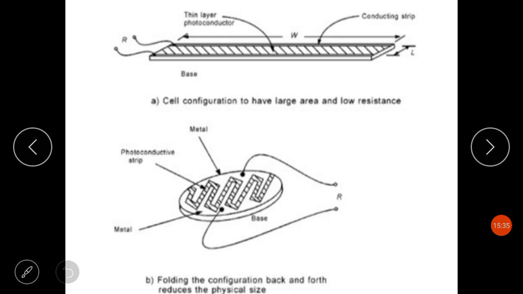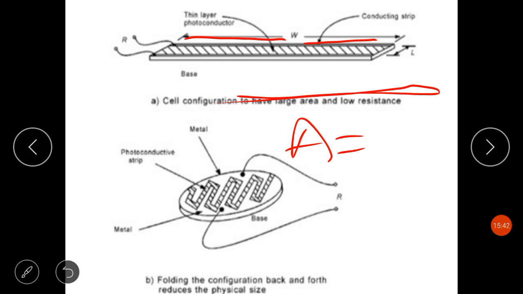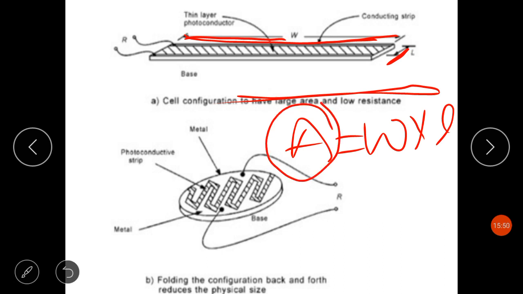So this is the photoconductive material. This is the width and this is the length. Area is equal to width into length. If I increase the width, the area will increase.